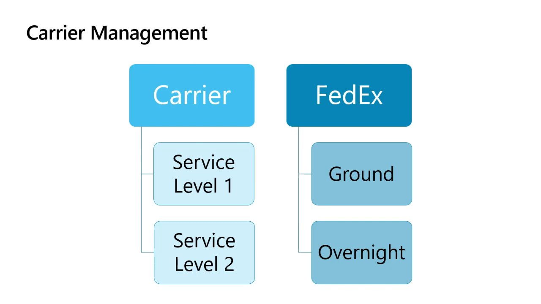So this is FedEx as our carrier or our parent, and then the children underneath are our service levels, and that might be ground shipping, or maybe we also use an overnight shipping service with FedEx. This also would apply to LTL or TL carriers that you have contracted as well. So those would be set up in the same manner.